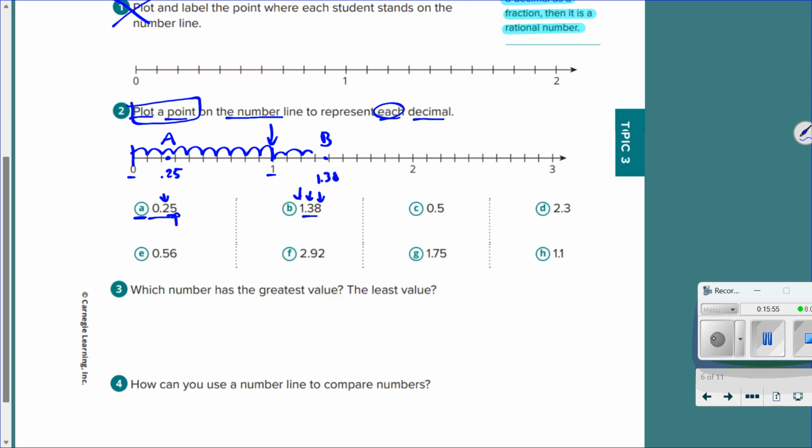5/10. Where am I going to put 5/10 on my number line? Who can tell me where to start and where to move? Start at, because there's nothing in the first place, there's no whole number.